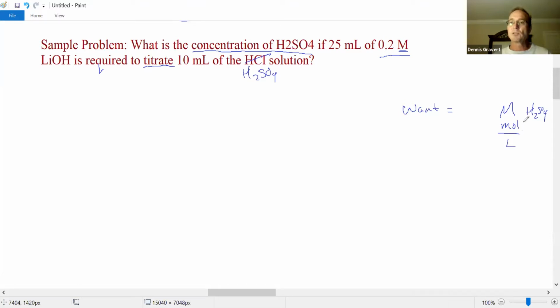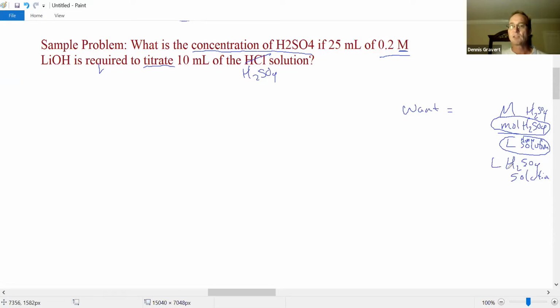Molarity is equal to moles of H2SO4 divided by liters of solution. So we need to actually get these two numbers. Let's calculate how many moles of H2SO4 react with this base, and let's also find out how many liters of the H2SO4 solution we started with.